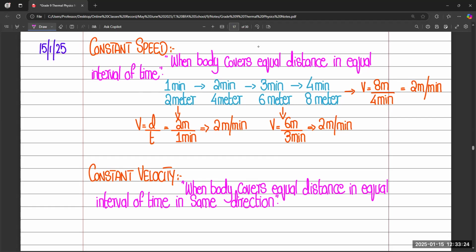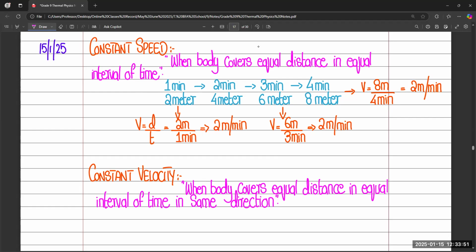It is not compulsory to always apply this idea, because sometimes they are only asking about the magnitude, the value, the number, so direction is not important in that question. But sometimes they also ask with reference to the direction of the body. So this is the difference we need to keep in mind. So direction also remains the same.